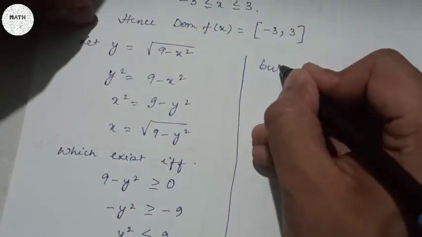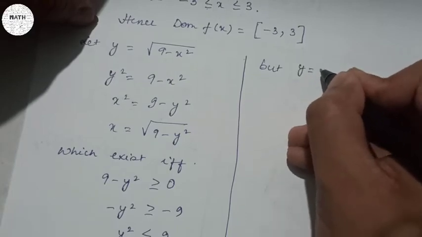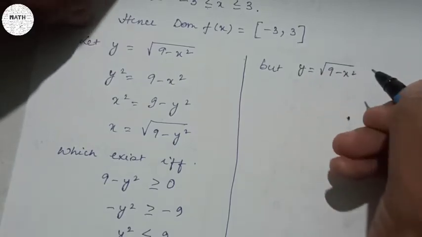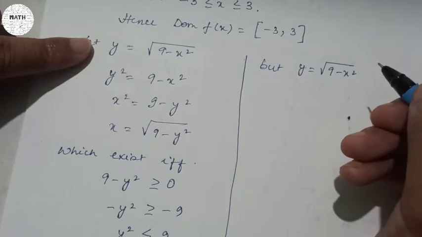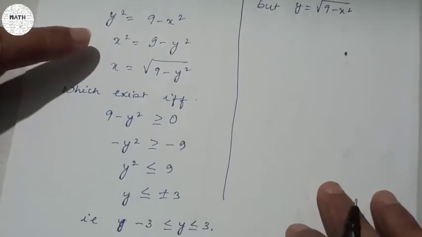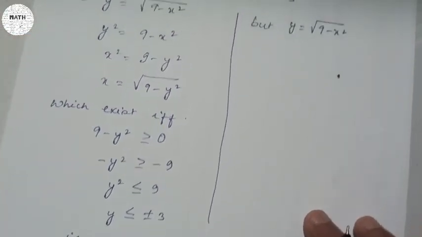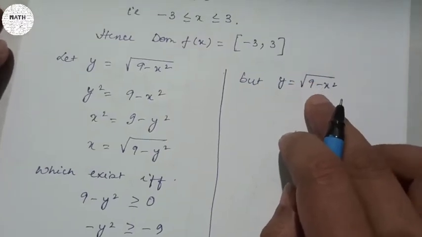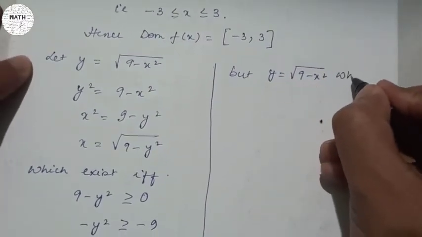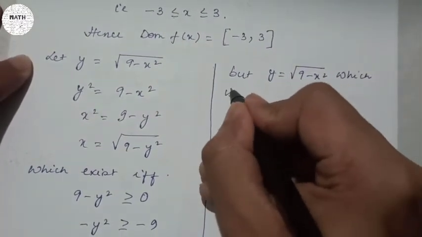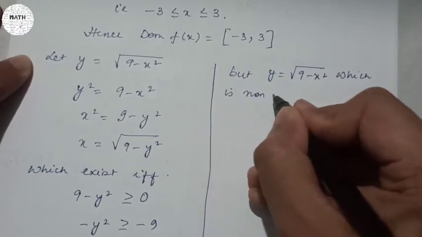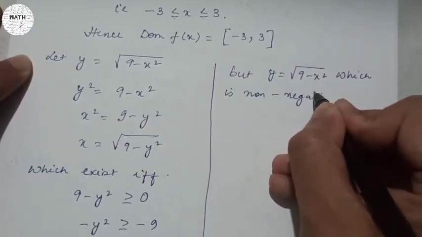But y is equal to root over of 9 minus x squared, which is given over here. Okay, and I got the value for y to be how much? This one. So I can say that, but y is equal to root over of 9 minus x squared, which is non-negative.